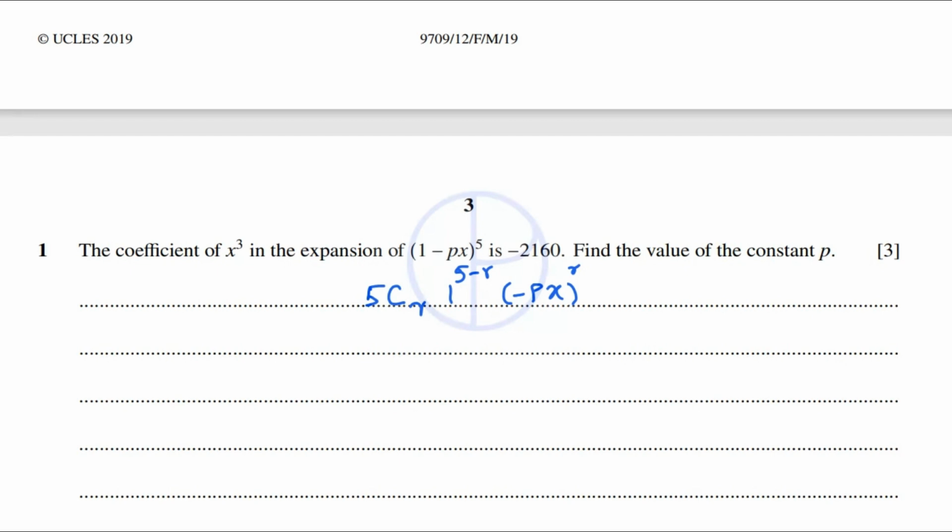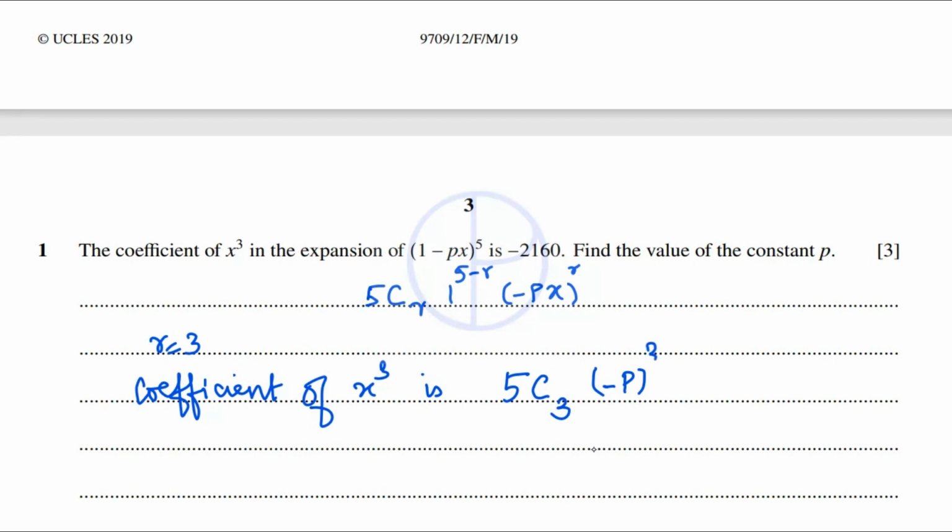Here we need to find the coefficient of x cube. When you take r value as 3, you will get the x cube term. So the coefficient of x cube is 5C3 times 1 power 2 times (minus p) power 3.